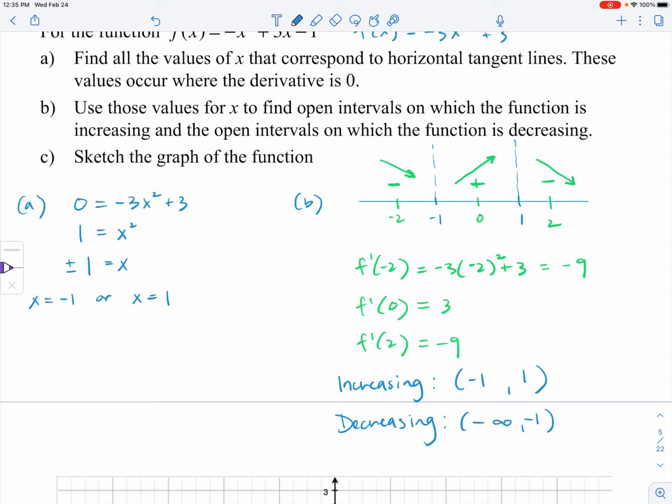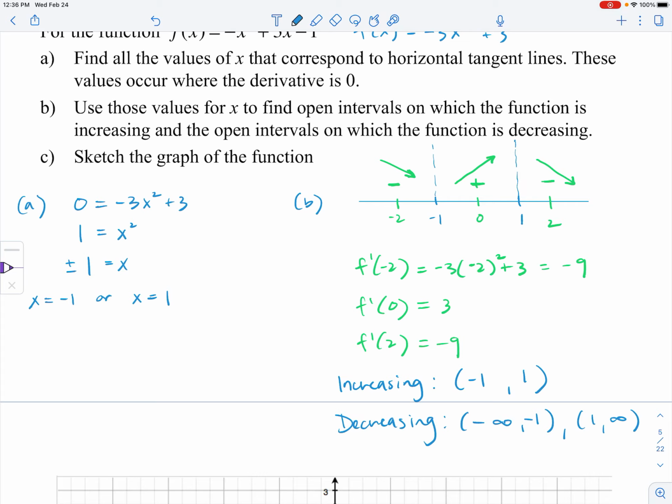So that first open interval would be negative infinity to negative 1. And then the next open interval would be from 1 to infinity. So there can be multiple intervals where a function is increasing or decreasing. There can also be no intervals where a function is increasing or decreasing.